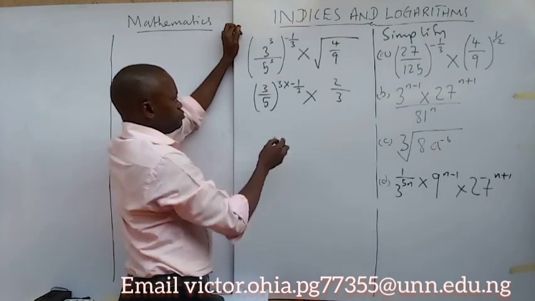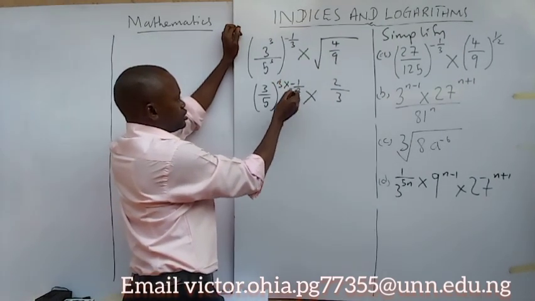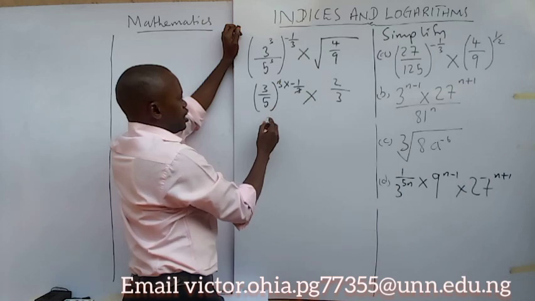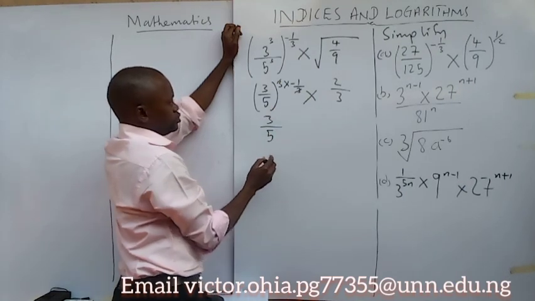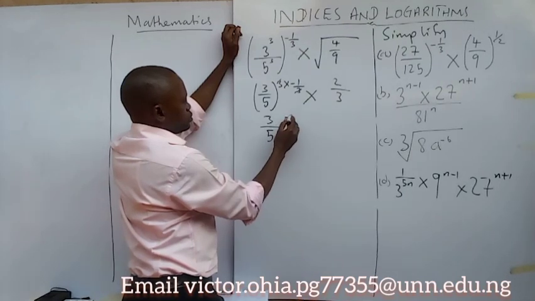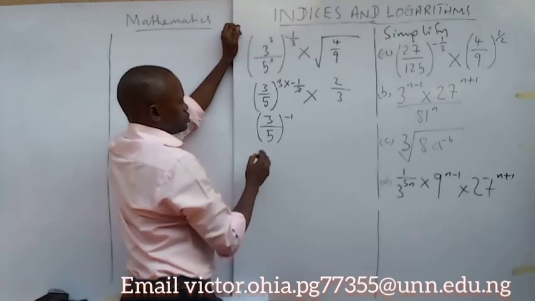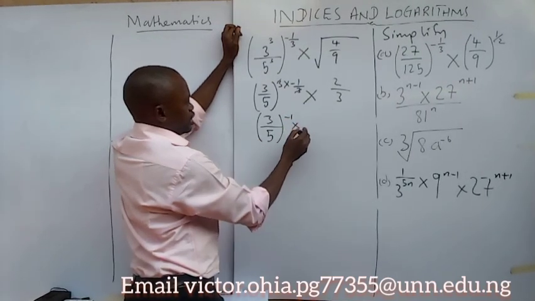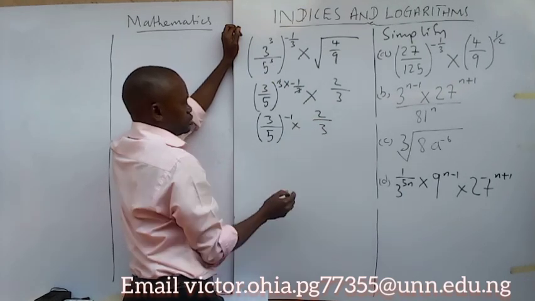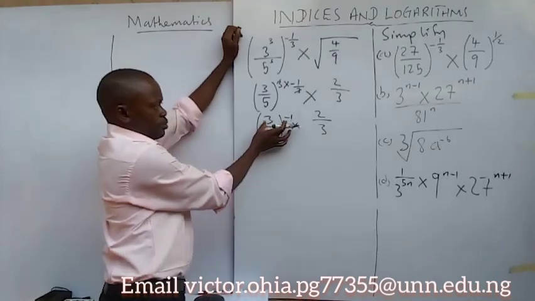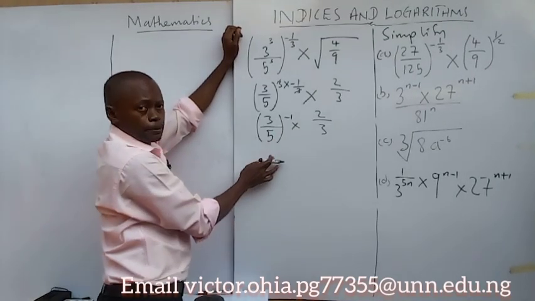Okay? So can you see that this 3 can remove this 3, and we have 3 over 5 raised to power minus 1. Okay? Then times 2 over 3. Of course, you know the reciprocal of 3 over 5 is 5 over 3.